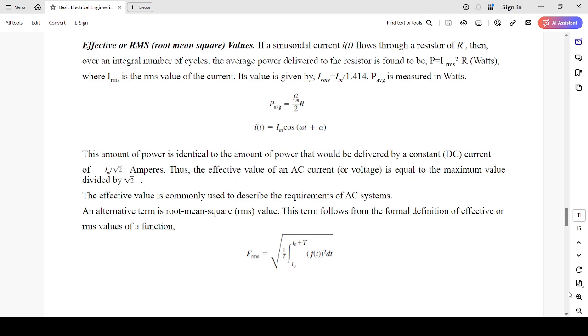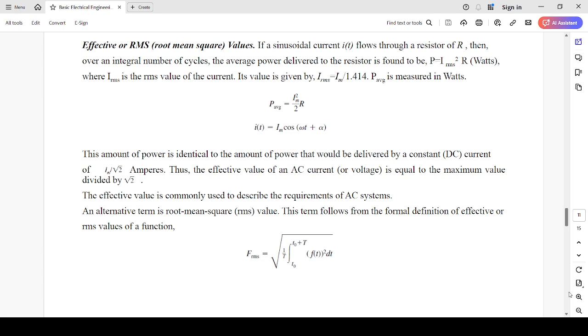So if you put this value of IRMS into the formula to calculate the power, we will get the power as Im square into R divided by 2. This is the amount of power which is identical to the power that is being delivered to the load by the constant DC current. Thus the effective value of AC current is equal to the maximum value divided by root 2.